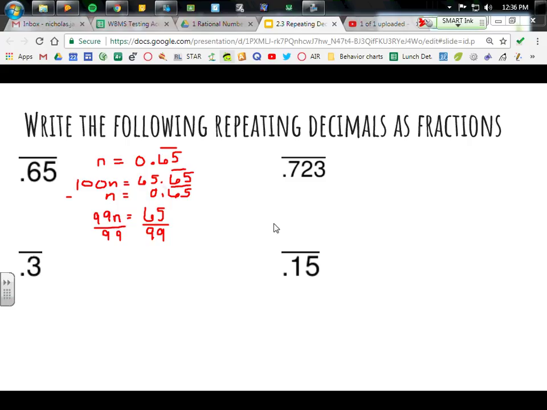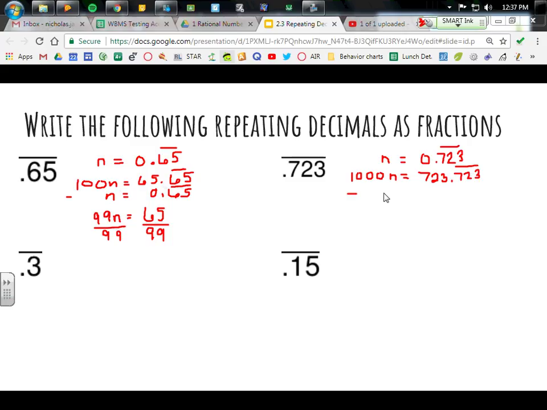It's pretty simple. Let's try 0.723 repeating. So I write n equals 0.723 repeating. I'm going to multiply this by 1,000 because 3 digits are repeating. So I have 1,000n equals 723.723 repeating.